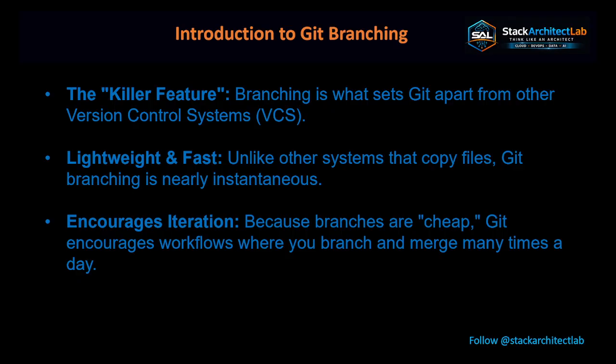Let me quickly read it from the slide before moving to the detail of the three-step snapshot process. Here, in the Introduction to Git Branching, we are saying that this is the killer feature. Why is it the killer feature? Because branching is what sets Git apart from other version control systems.